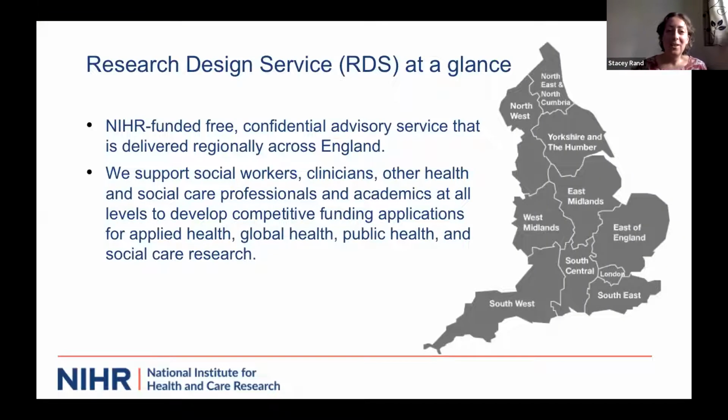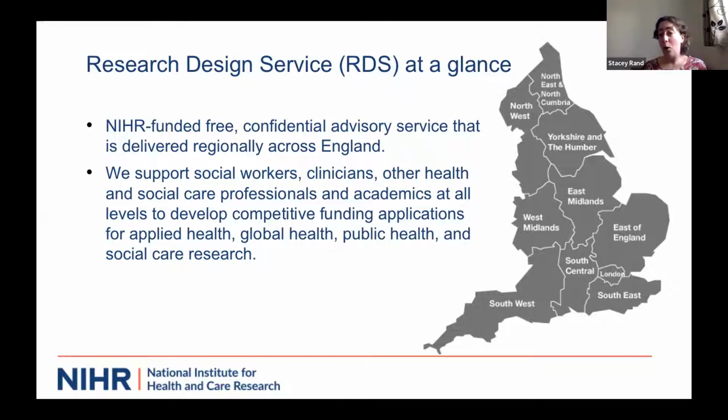So the Research Design Service, for those of you who don't know, we're an NIHR funded and free advisory service. We're organised so that we cover the whole of England in different regions. So where your institution is based in England will tell you which of the regional RDSs you need to reach out to.